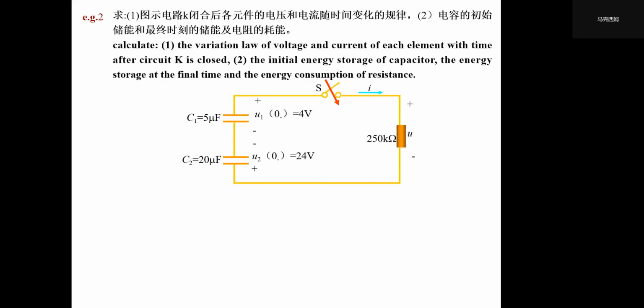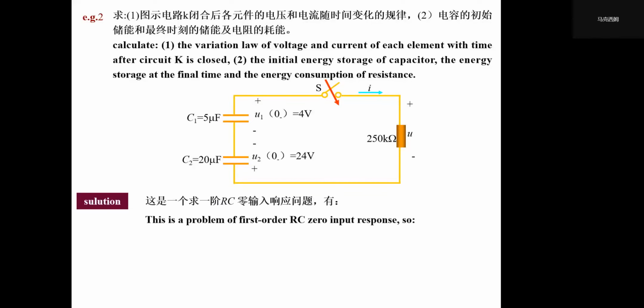First thing first, from energy conservation we know that all the stored energy in this circuit will eventually be consumed by this 250 kilo ohm resistor.